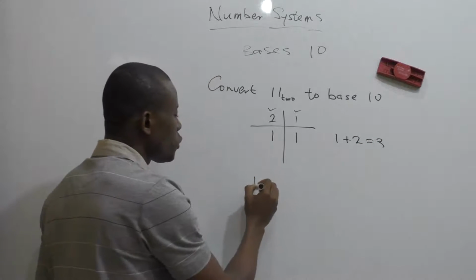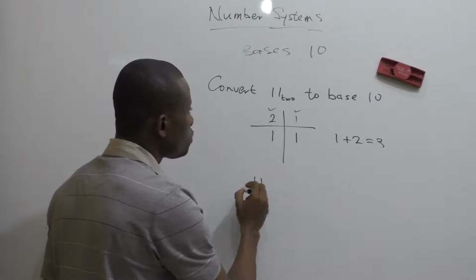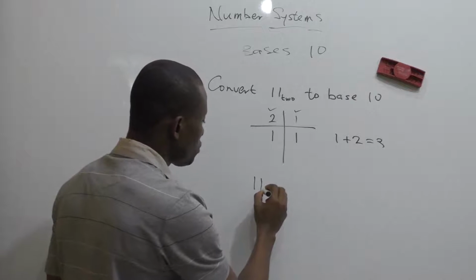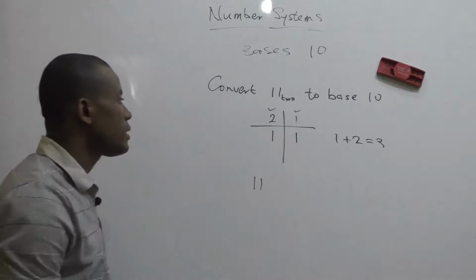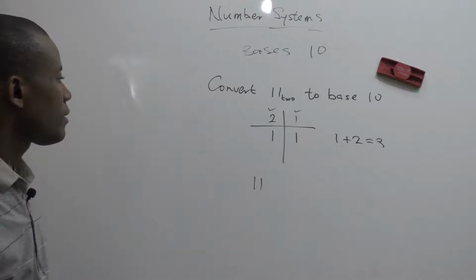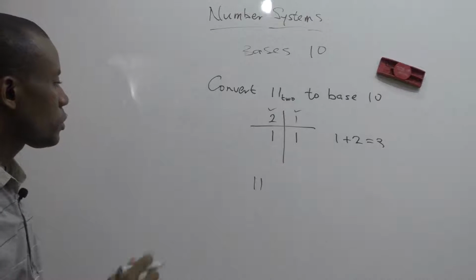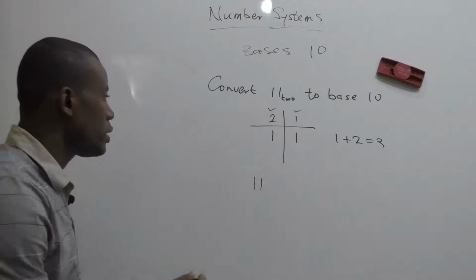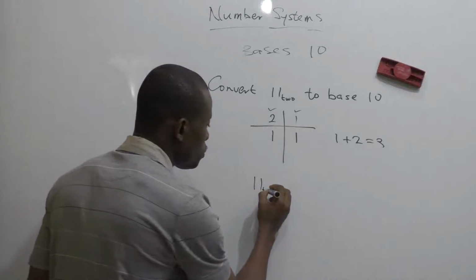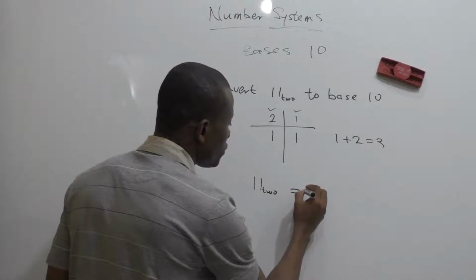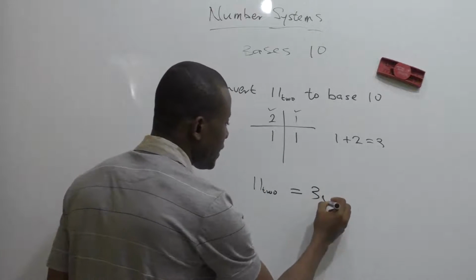So what it means is that 1 1 in base 2 equals 3 in base 10.